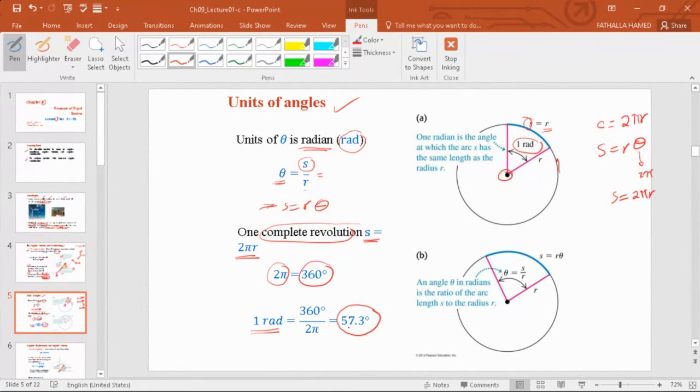It's equivalent to 57.3 degrees, or the arc that the object goes around equals the radius of the circle. So that's what 1 rad is, and we measure angles in terms of radians. Is this clear? Any question on this?